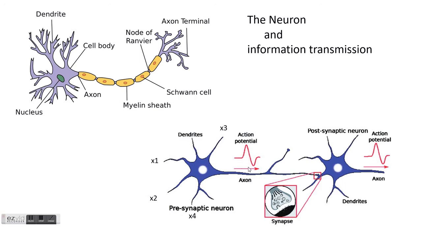Depending upon the inputs, this action potential can either propagate to the network of neurons downstream, or it can inhibit the network of neurons downstream, and this action potential is carried across these synaptic connections to other neurons. And this is how information is transmitted and received across the network of neurons.